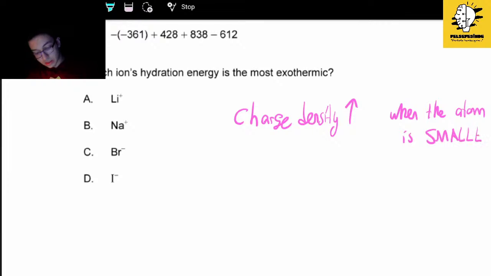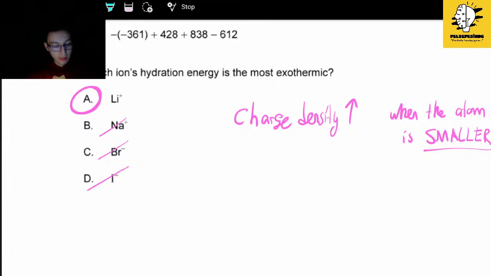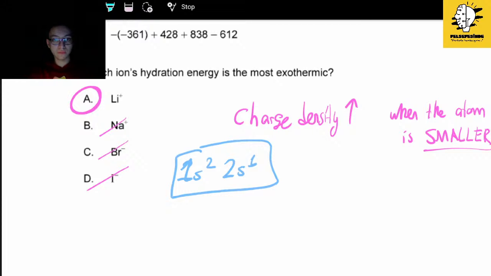I wrote it capital, but it is smaller, definitely. So what is the smallest atom here? Sodium, no. Bromide, no. Iodide, no. Lithium, definitely lithium, because it is only 1s2, 2s1. It is the smallest, right?